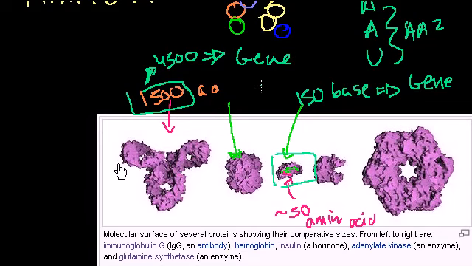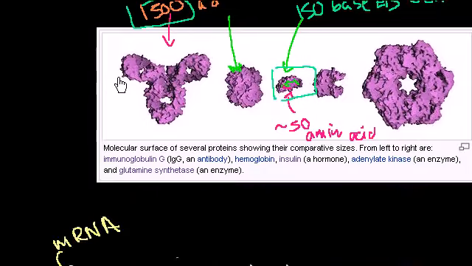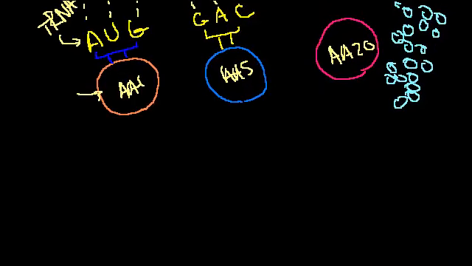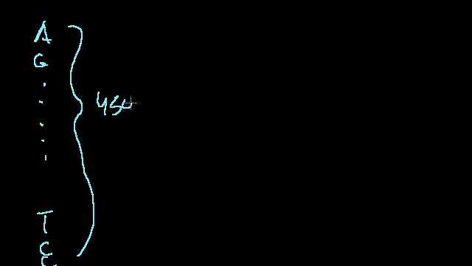Now, all of the genes don't make proteins, but all of the proteins are made by genes. So let me just make another sequence: A, G, and it goes down, down, down, and you have a T and then a C and a C, and let's say I have 4,500 of these.